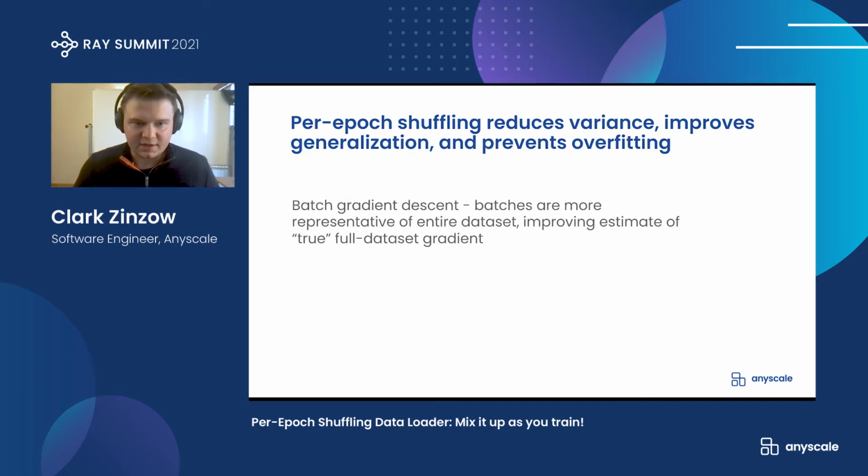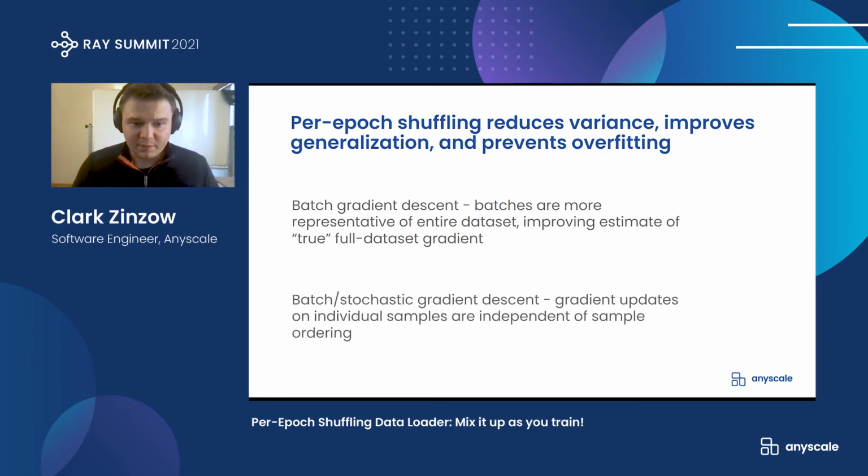For batch gradient descent, which is obviously very popular, also known as mini-batch gradient descent, and many people just call it stochastic gradient descent nowadays, by shuffling in between epochs, the batches are more representative of the entire data set and fundamentally improves the estimate of the true full data set gradient, which after all is the entire point of batch gradient descent.